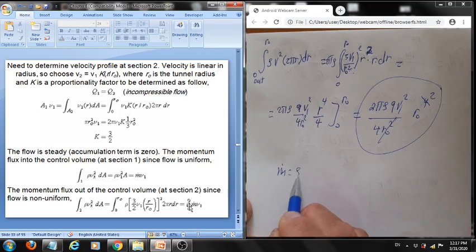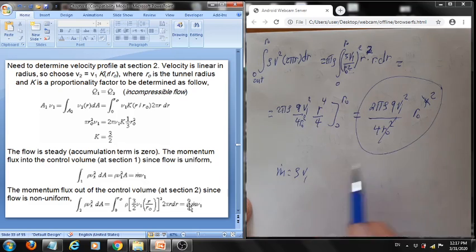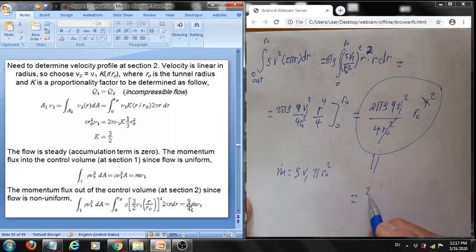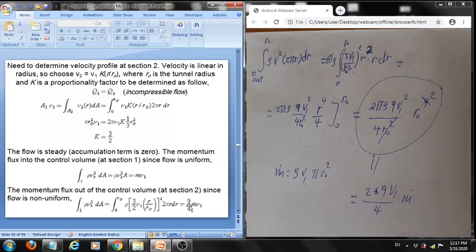So we recognize that rho V1 times the area, which is pi r naught squared, this is m dot, so we can say this term is equal to 2 multiplied by 9 divided by 4 times m dot, which is the same relation he obtained.